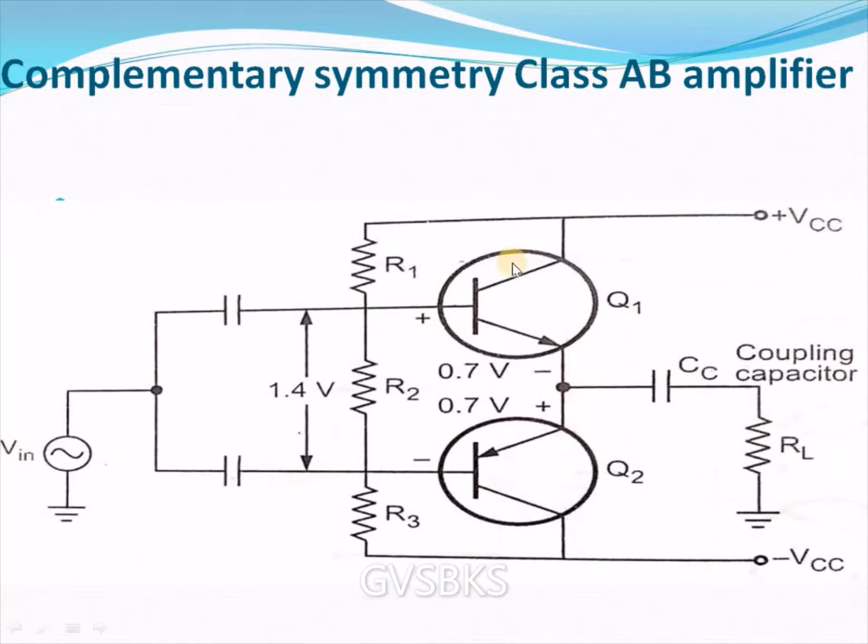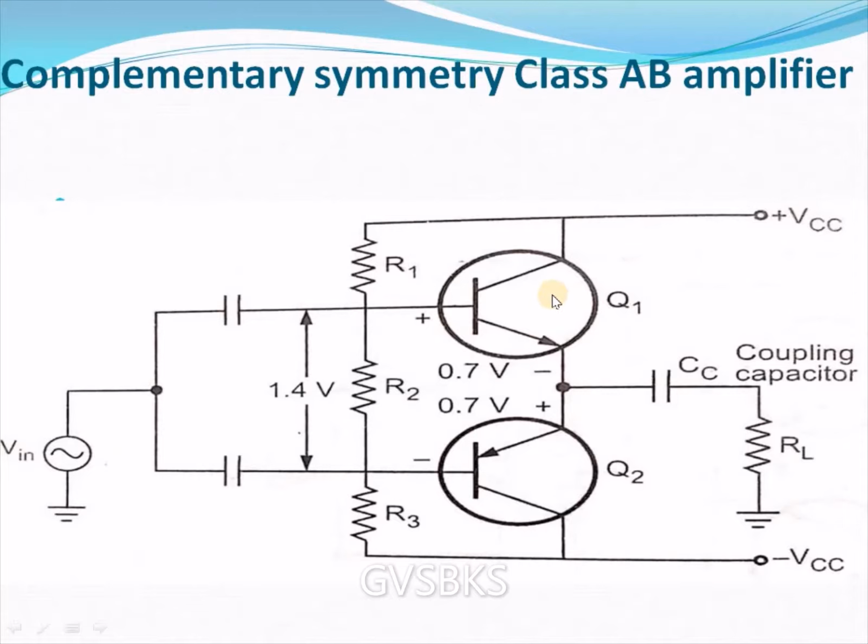But the junction voltages of these transistors may vary with the temperature. So this 0.7 volts is sometimes not enough to switch on the transistors. At that time we may get crossover distortion again.